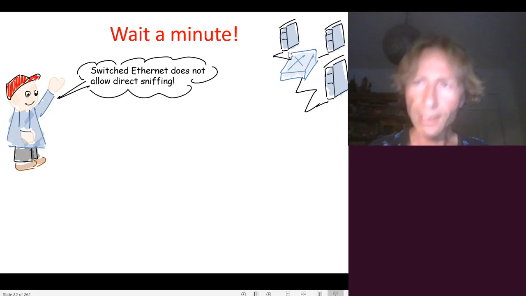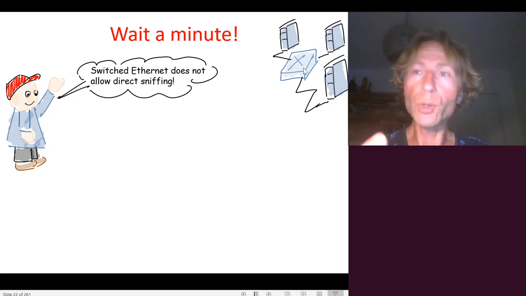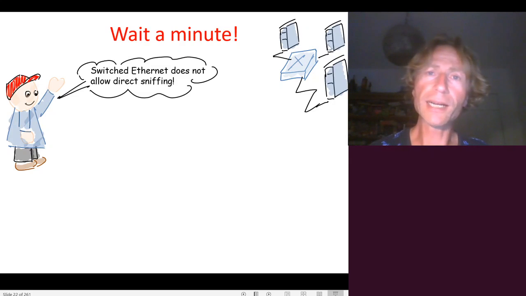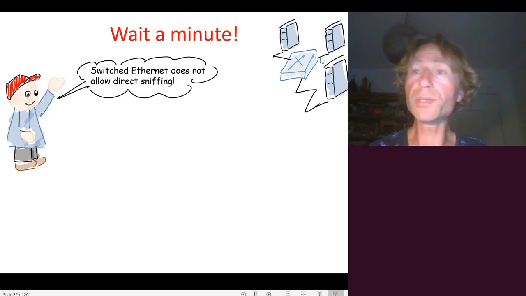That is great for the switch, because next time there's any traffic sent from A to B, the switch knows where A is and the switch knows where B is, so it can directly send it onto this particular link. Now, what is the attacker going to do to still get to this traffic? Because the attacker needs that traffic. Well, there's essentially 3 solutions to that.